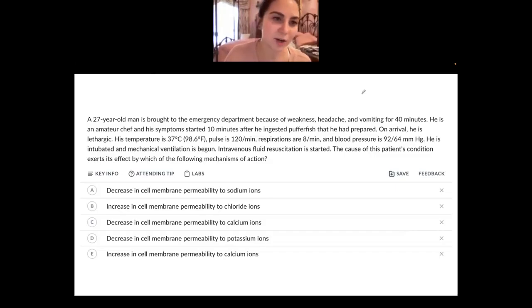Oh, you guys shouldn't know this. I think I brought this to you guys last year, maybe, or I forget. If not, you might just not know the answer, but do you remember if we ever talked about pufferfish toxin? Maybe not, but I put it in here because it was actually on the exam last year, I heard.